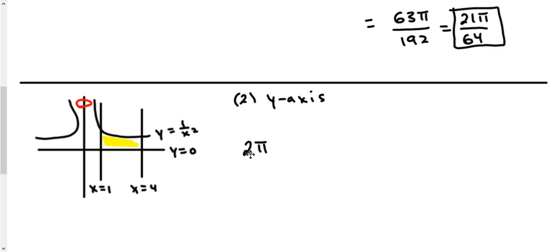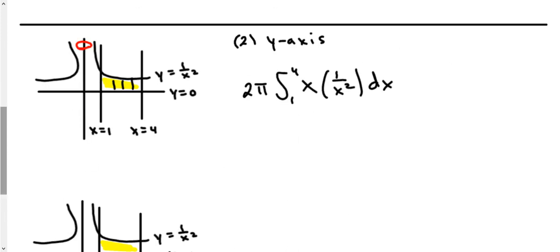I'll do 2 pi, because now we're working with the circumference of circles, times the integral from 1 to 4. And then we're going about the y-axis, so any point in this region, the distance from that point to the y-axis is x. And then again, if we draw lines in here, those wouldn't be the radii, they'd be the height of the cylinders, which are going to be 1 over x squared.